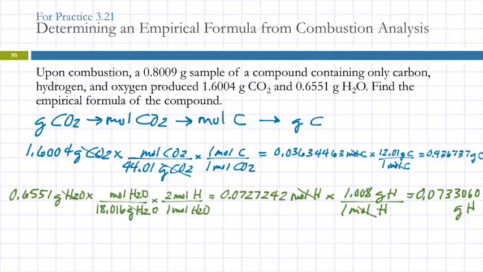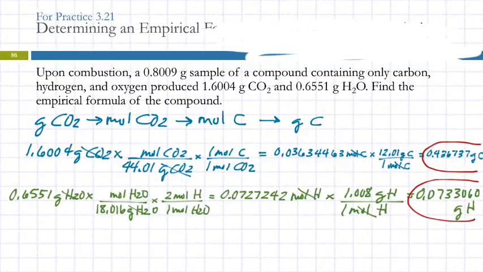So we're going to take this mass of carbon and this mass of hydrogen and use those to figure out the mass of oxygen. I'm going to also just create some space up here. So my initial sample was 0.8009 grams. That includes all of the elements.